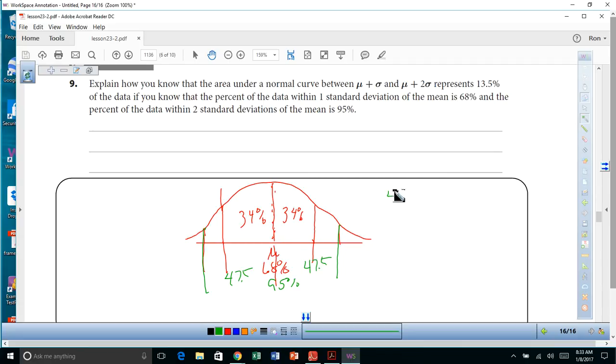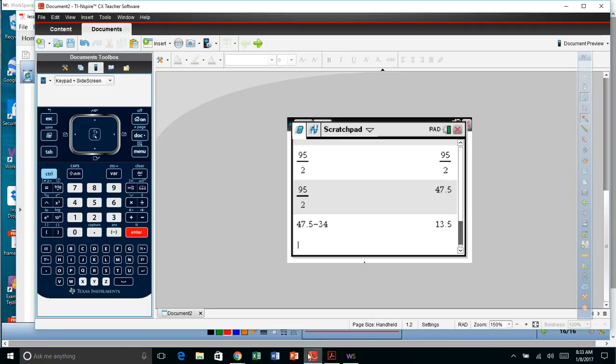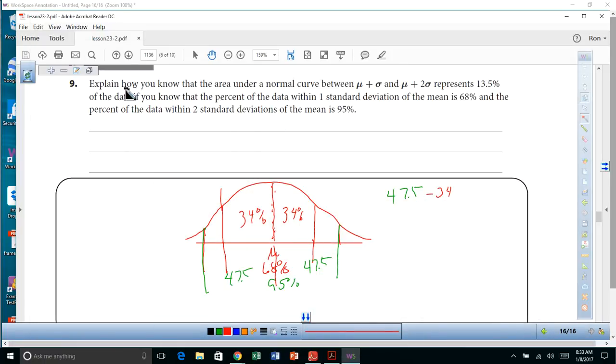So 47.5 minus 34, that gives you 13.5. So that means that this is going to be 13.5%. So explain how you know the area under the normal curve represents 13.5%. All right, there's the math right there.